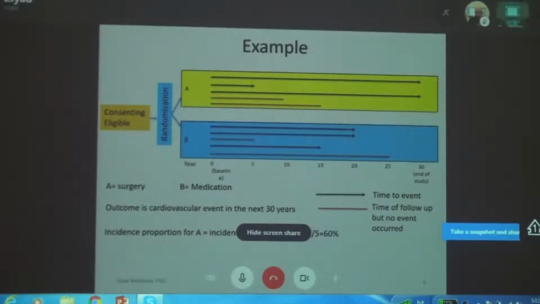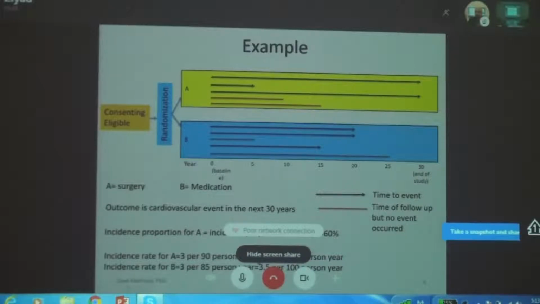Some epidemiologists might look at the incidence rate: you count how many years each patient was followed, add up the total number of years, and count the events out of that total. In arm A we have 3 events, and adding all the follow-up years gives 90 person-years, so it's about 3.3 per 100 person-years, and it's almost the same for group B, at 3.5 per 100 person-years.